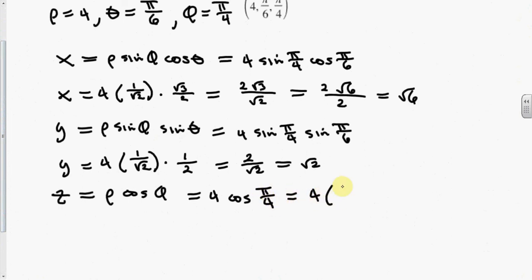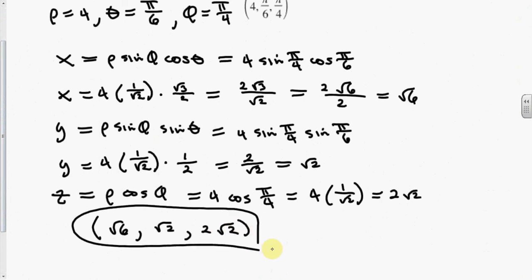So 4 times 1 over the square root of 2. Looks like that's just 2 times the square root of 2. So x is the square root of 6. Y is the square root of 2. Then z is 2 times the square root of 2.